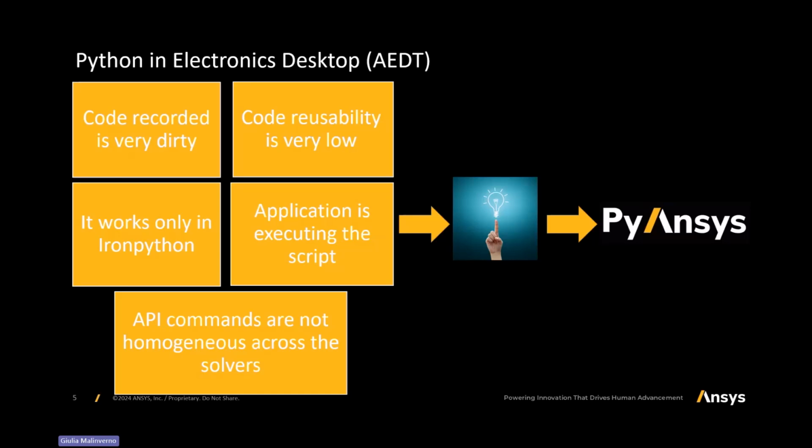And then finally, we have a more efficient code generation. PyAEDT brings a simplified scripting syntax. Generally speaking, scripting in AEDT is powerful, but the code recorded is very dirty, the code reusability is very low, and API commands are not homogeneous across the solutions, which makes the scripting more complicated.